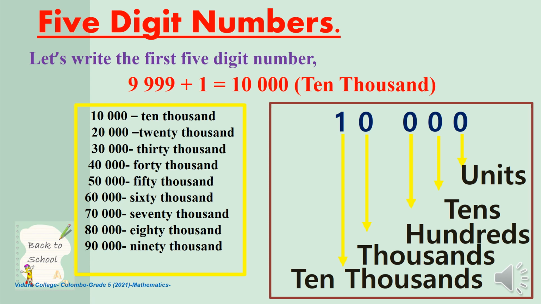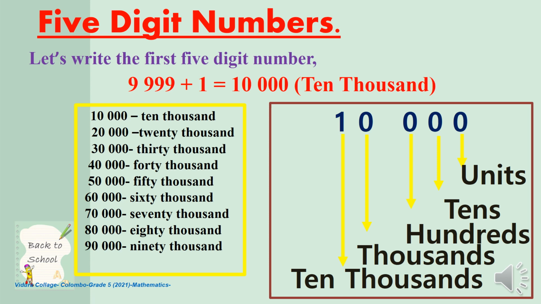Can you read or count numbers in 10,000s? First 10,000, then 20,000, 30,000, 40,000, 50,000, 60,000, 70,000, 80,000, 90,000. So can you find out what comes after 90,000?